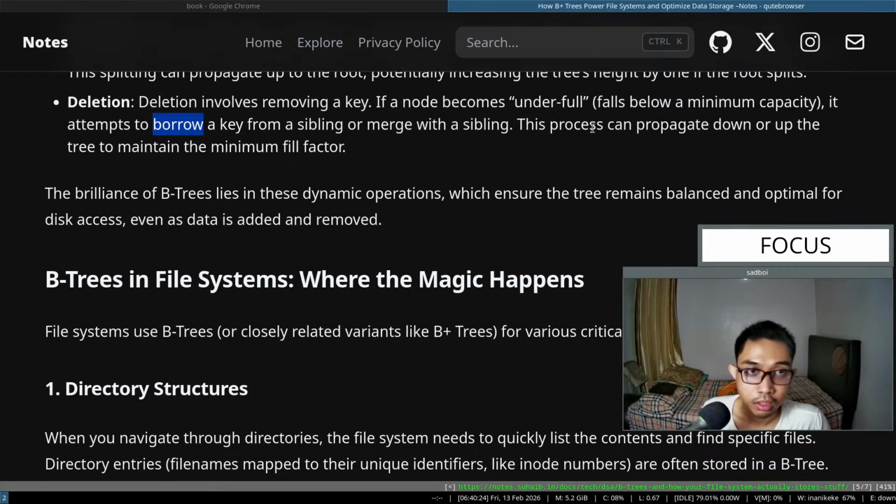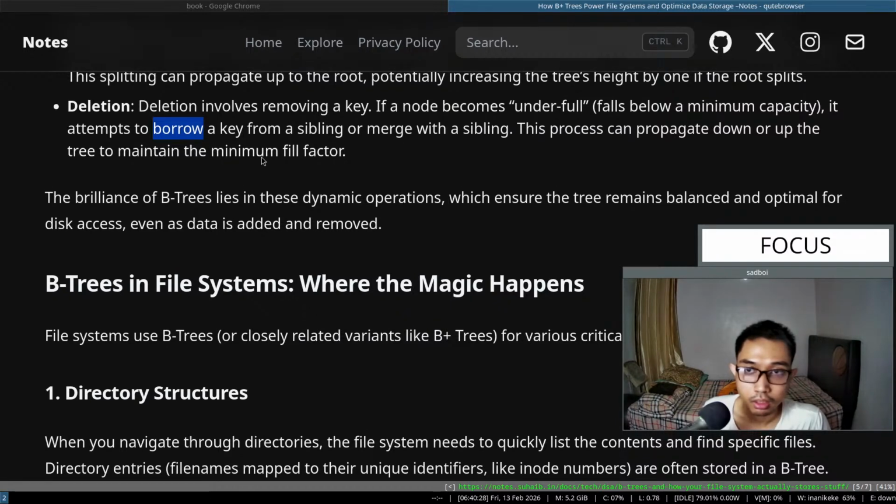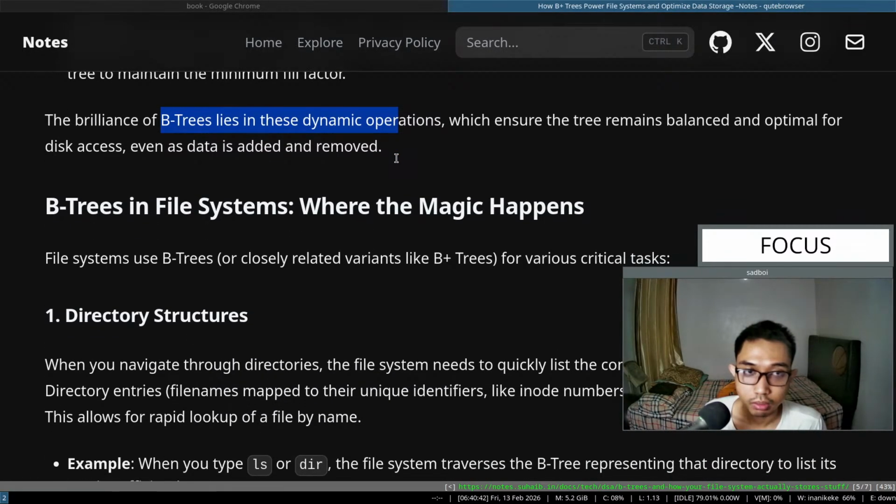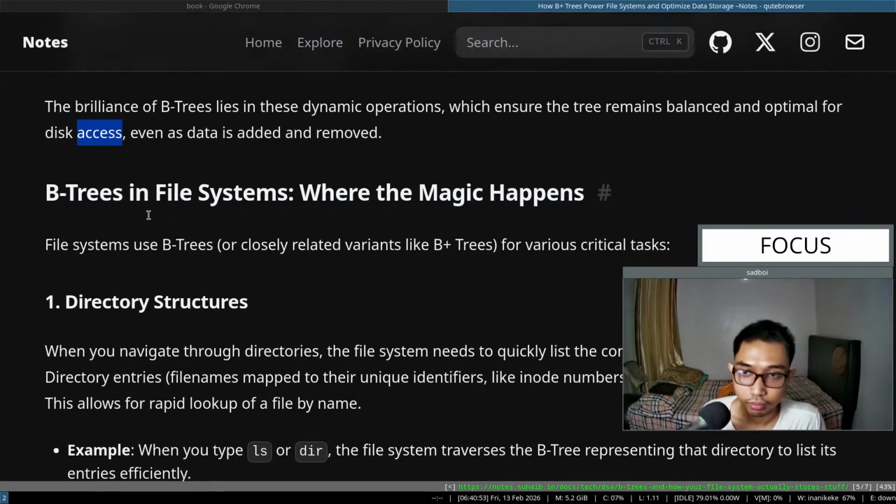This process can propagate up the tree to maintain the minimum fill factor. The brilliance of the B-tree lies in this dynamic operation, which ensures the tree remains balanced and optimal for disk access even as data is added and removed.